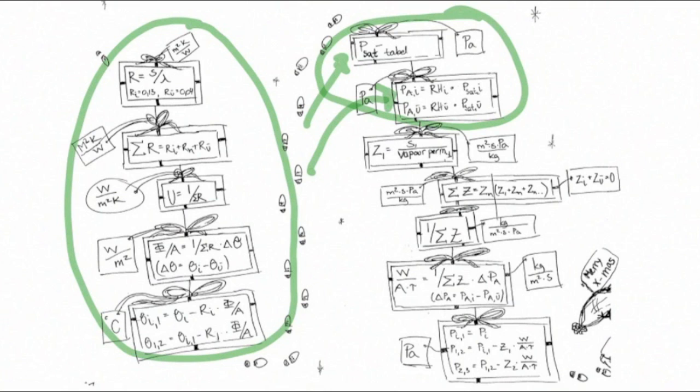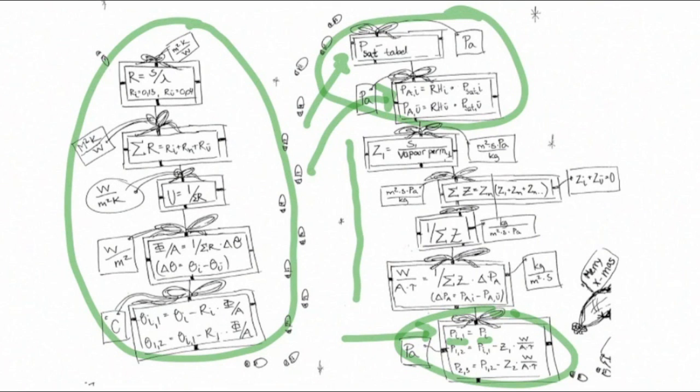Finally, we go to the last packages, and what is important is the first equation, which says that actual pressure internal is equal to actual pressure in layer I,1. What is in between, this is what we're going to do in Vapor Part 3.